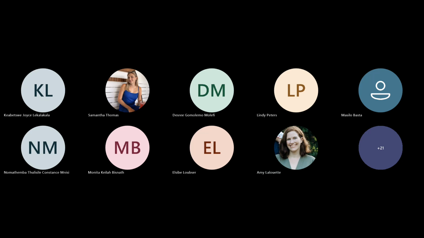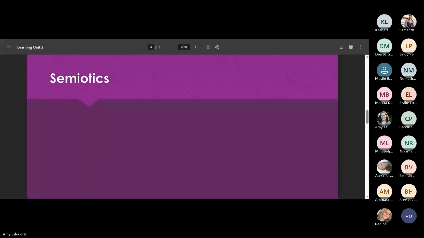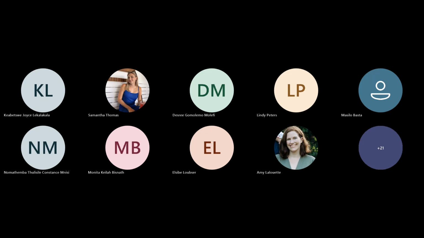So when we talk about semiotics, we are talking about the study of signs and symbols. Words are signs. Visual images are signs.